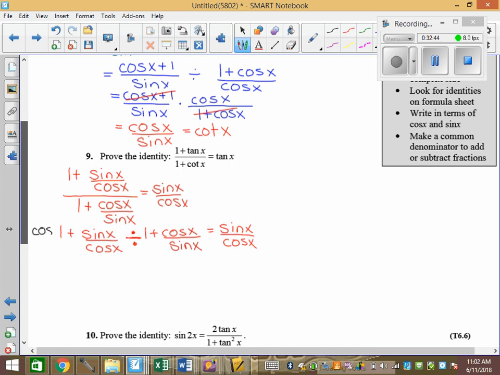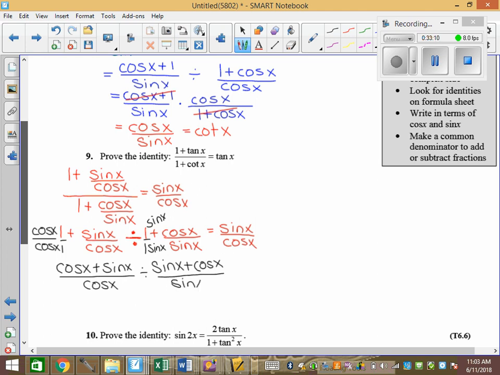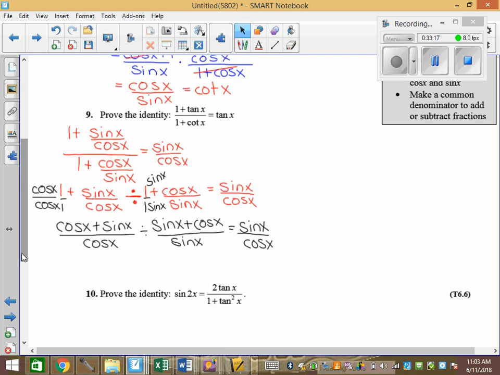So, common denominator, multiply by cos x over cos x, multiply by sin x over sin x. So I'm going to get cos x plus sin x divided by cos x, divided by sin x plus cos x, divided by sin x. Remember, you have to carry the left side down and the right side down.